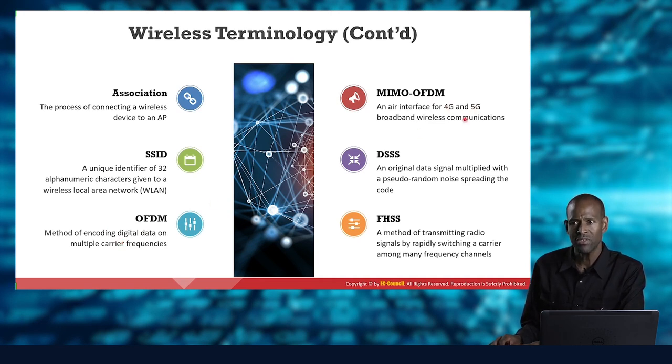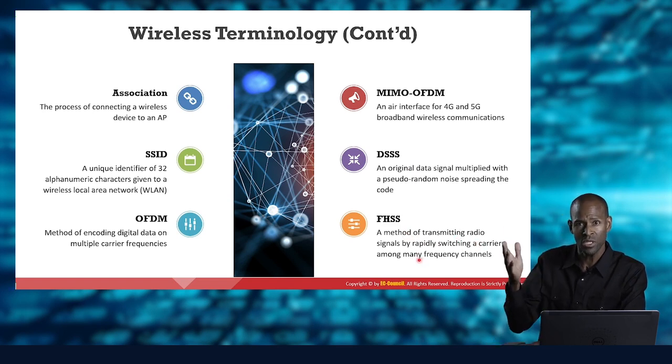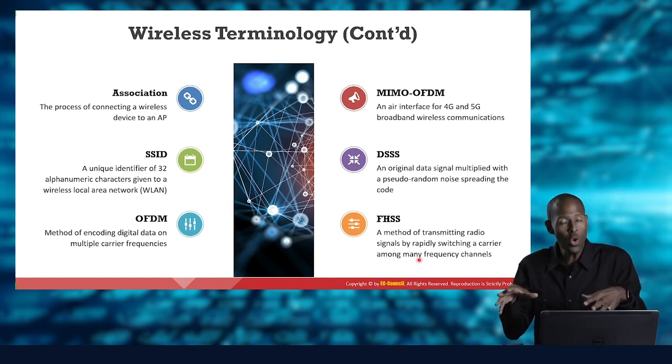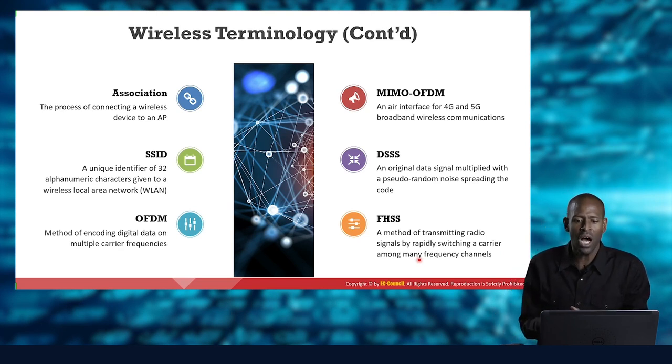There's direct sequence spread spectrum that uses pseudo-random noise that spreads the code. There's frequency hopping spread spectrum, another method of transmitting radio signals by switching a carrier amongst a huge amount of frequency channels to spread that information around. So many different ways of encoding communication onto the wireless signal.